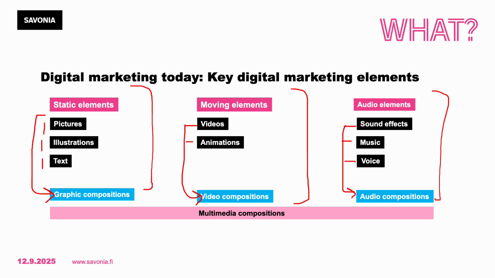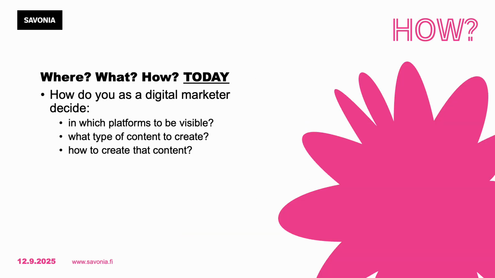But you can also find situations in which you will use all of these elements or only some of them, and when you combine static elements, moving elements, and audio elements, you will be talking about what we refer to as multimedia compositions.